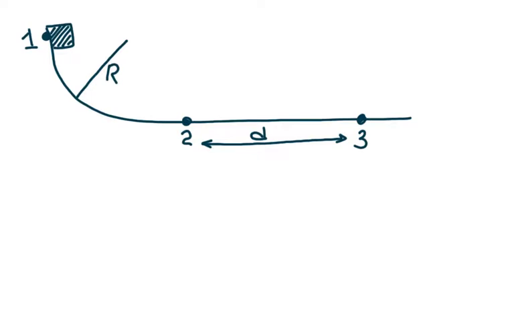Good examples of a closed system would be two cars colliding on a track elastically, or two air carts colliding on a track and sticking together, or a bullet being fired into a hanging wooden block and becoming embedded in the block, with the system then acting as a ballistic pendulum.